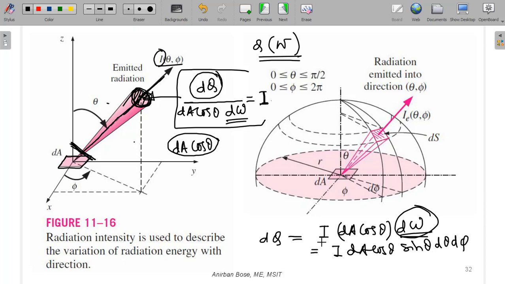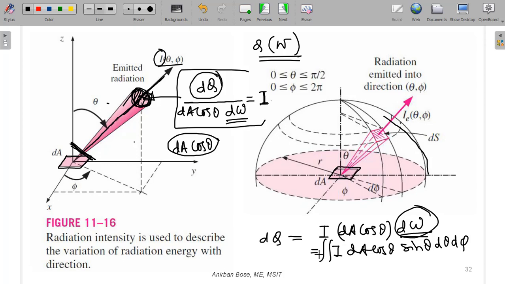If you integrate this quantity over theta and phi so that it covers the whole hemisphere, it will give you the total amount of energy coming out of this particular surface dA in all directions.